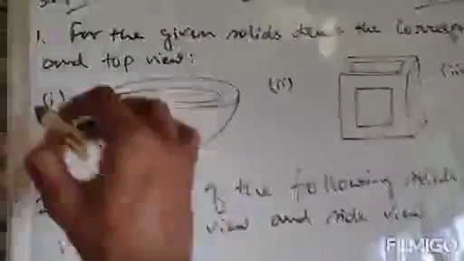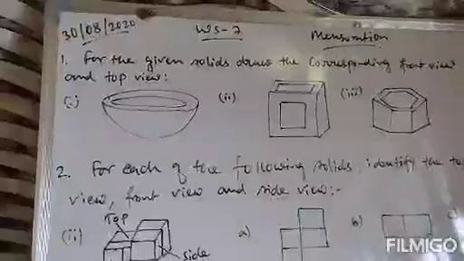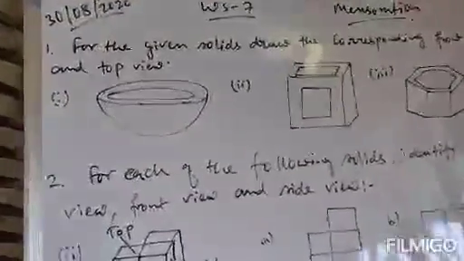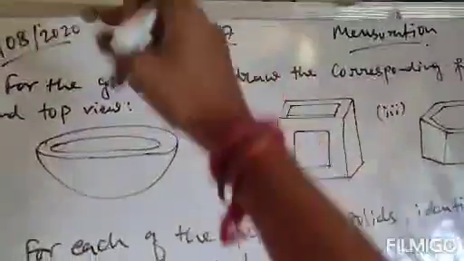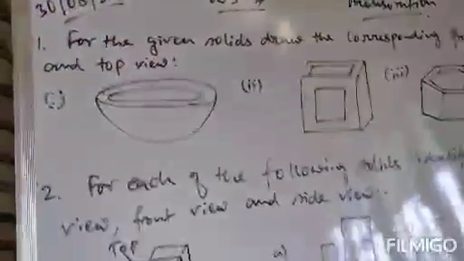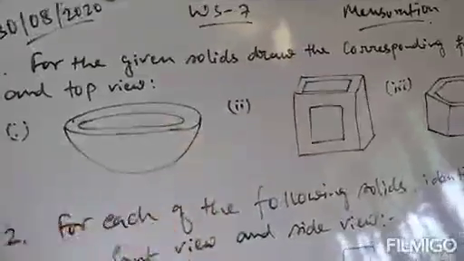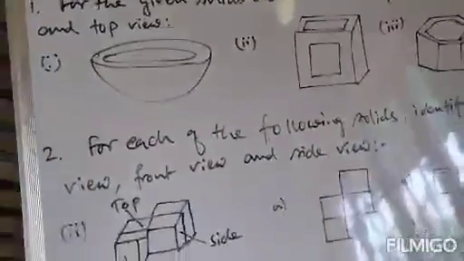So question number one: a diagram is given and you have to draw its corresponding top view and front view. That means when you see this diagram from the top position, how the diagram looks, and when you see this diagram from your front position, how the diagram looks, and you have to draw that diagram.